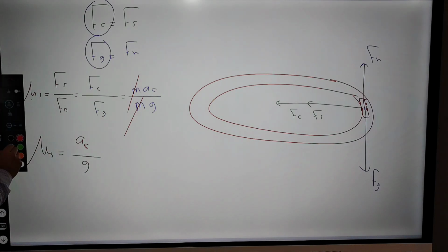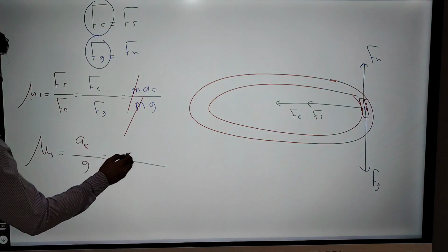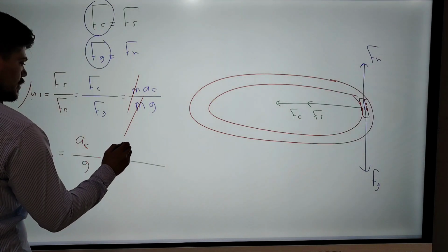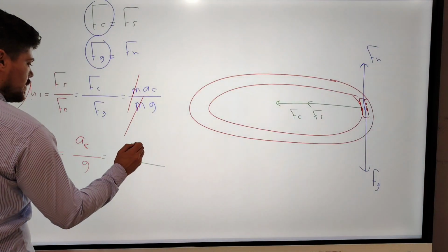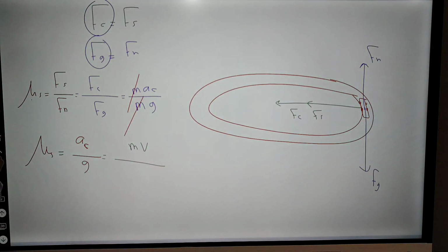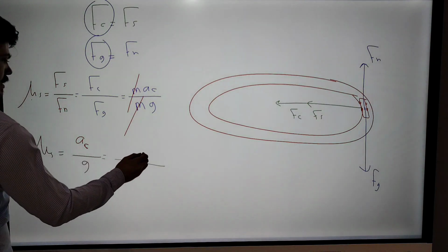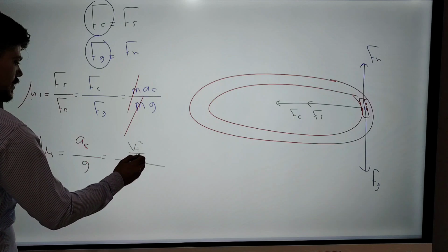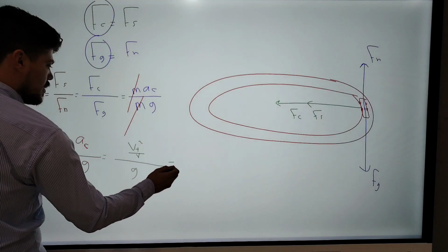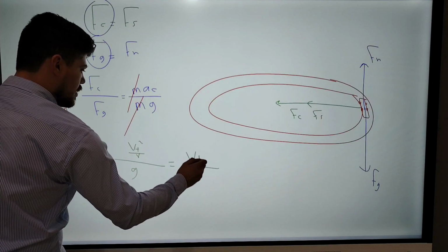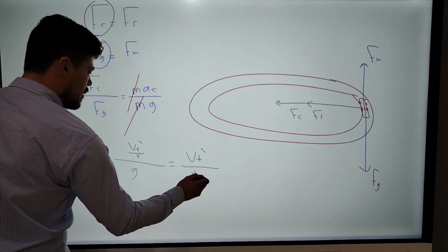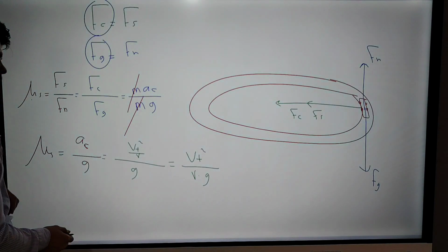Okay? So as you know, ac is equal to what? ac is equal to vt squared over r, over g. Okay? If you rearrange the equation, it becomes vt squared over rg.